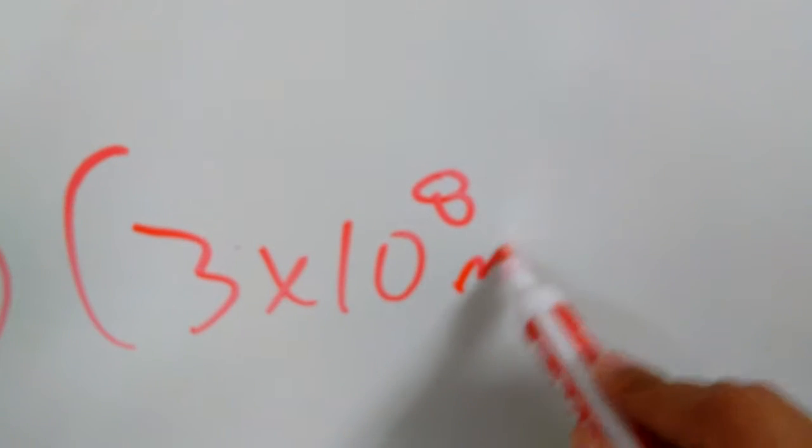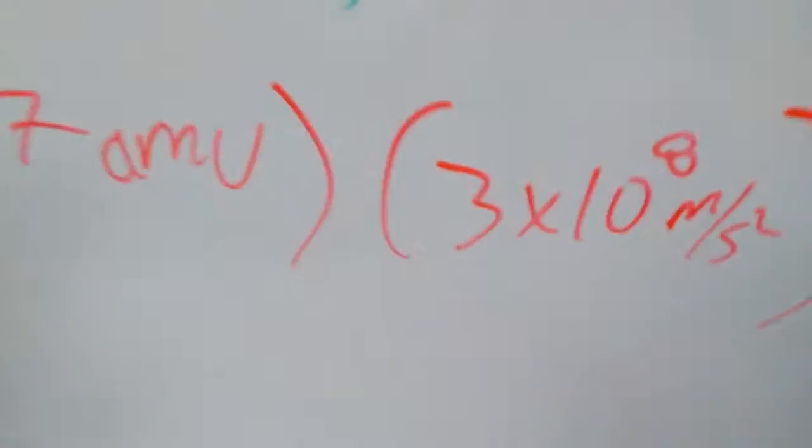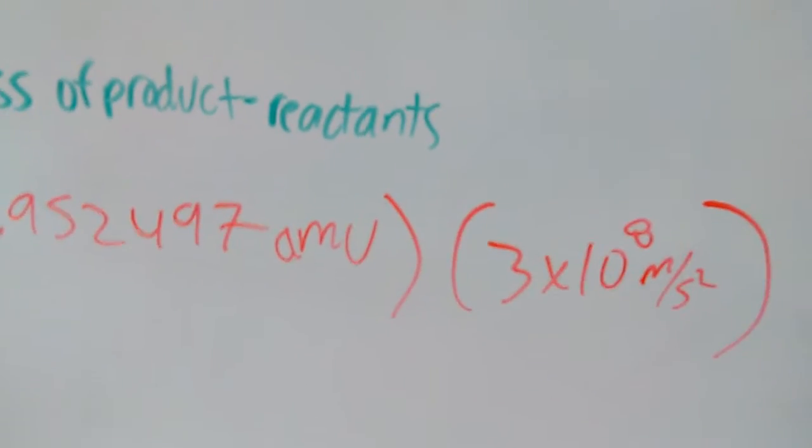It should be meters per second squared, so per second squared here. And all you're going to do is just multiply both of these together.